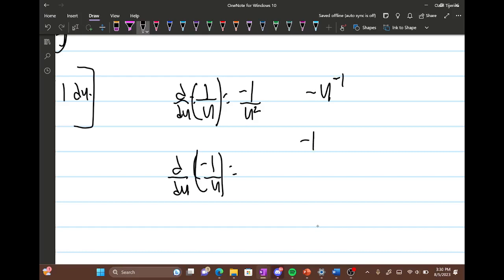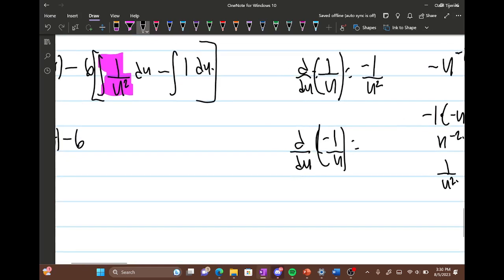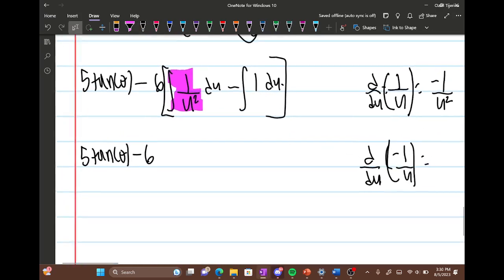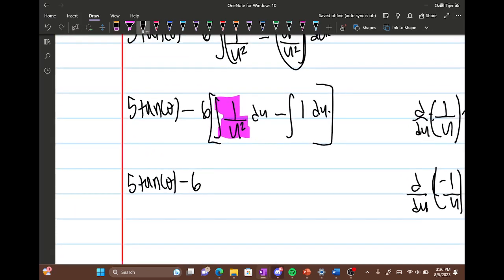It's going to be negative 1 times negative u to the negative 1 minus 1. This is going to be u to the negative 2, which is really 1 over u squared. So we know that the integral of 1 over u squared will be negative 1 over u. So we're going to put that in here. And then minus, and again, this entire thing is going to be minus, and then the integral of 1 du is just u.